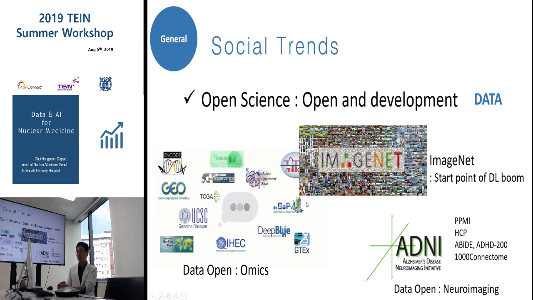And for imaging data, some groups opened their data, such as the Alzheimer's Disease Neuroimaging Initiative. It's publicly open data, which includes PET, MRI, and other types of biochemical studies, so you can access this ADNI data easily in your country or anywhere in the world.